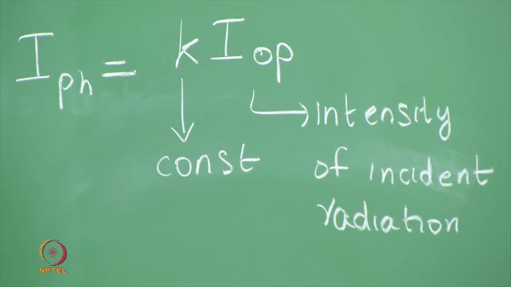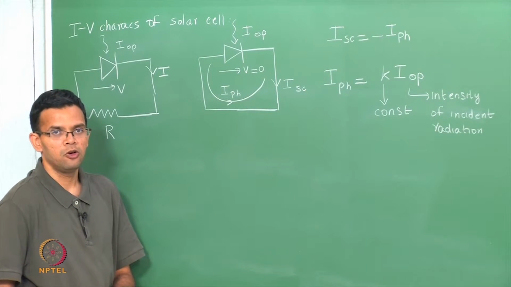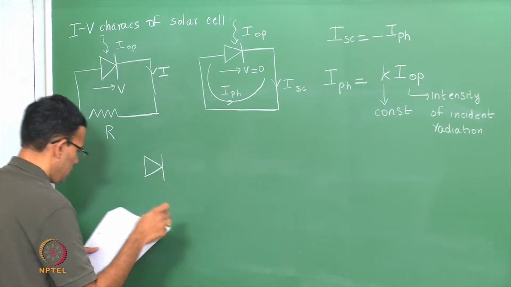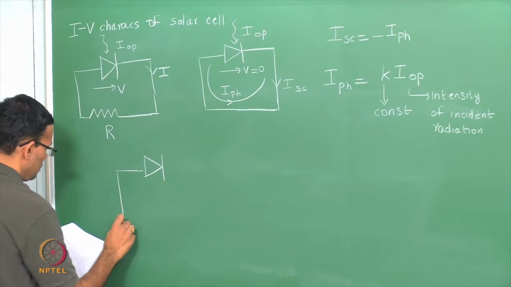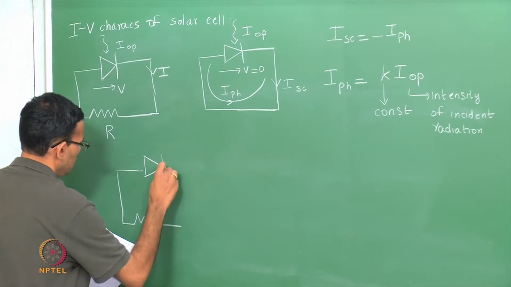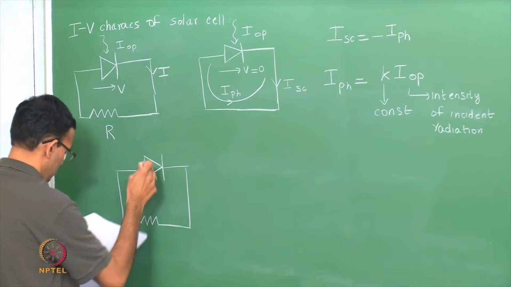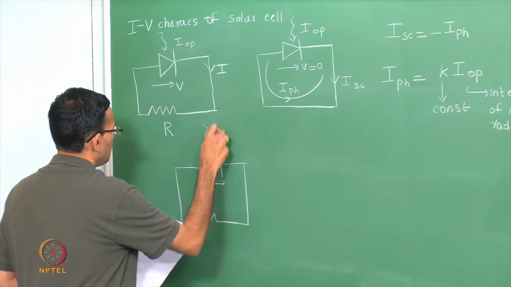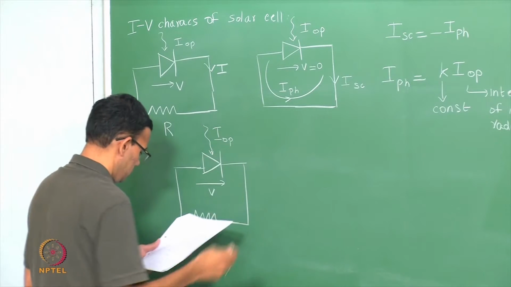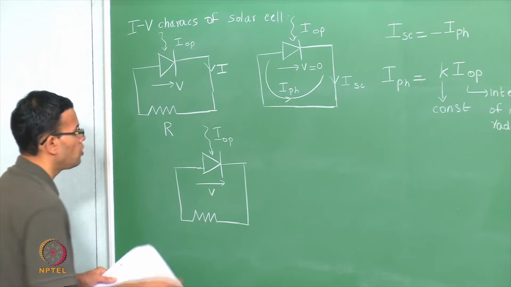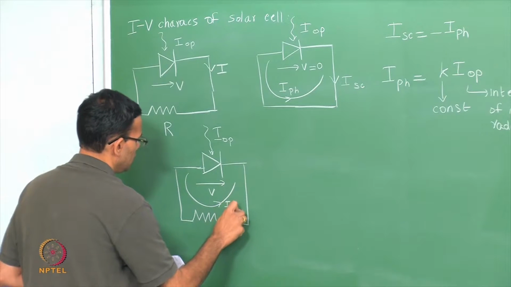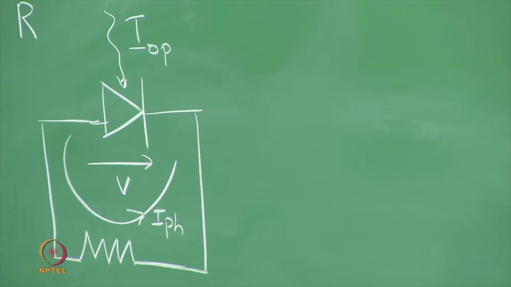So, we take this and now add on an external load in the form of a resistor. Again you have a potential now, you have IOP. Once again there is a photocurrent which is IPH, but this photocurrent generates a voltage across the resistor.